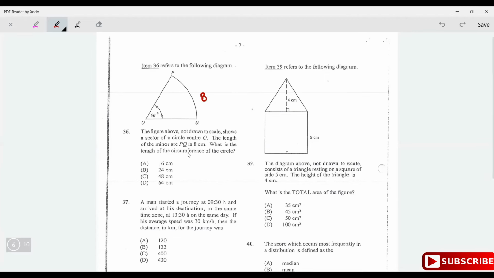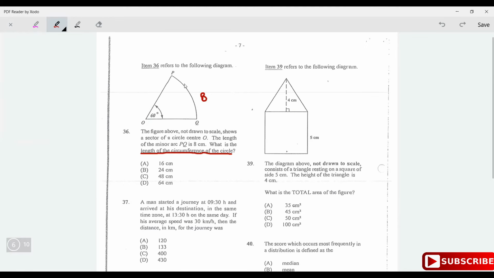It says, what is the length of the circumference of the circle? Well, look at this now. They're asking you to find the perimeter. The length of the circumference of the whole circle is the perimeter. They want to find the perimeter of the whole circle. How do you find it?